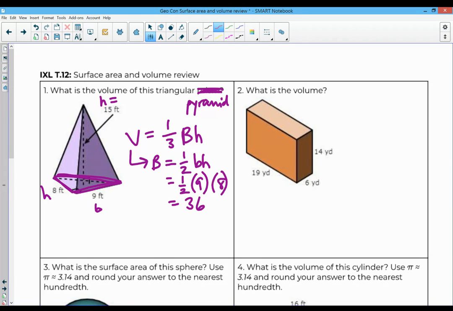Now that is what I'm going to plug into the big B. So now I have volume equals 1/3 big B. That's the area of the base, which is that triangle, which is 36, times the height of the pyramid itself, which is 15.